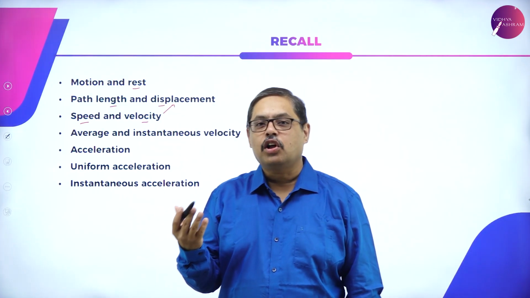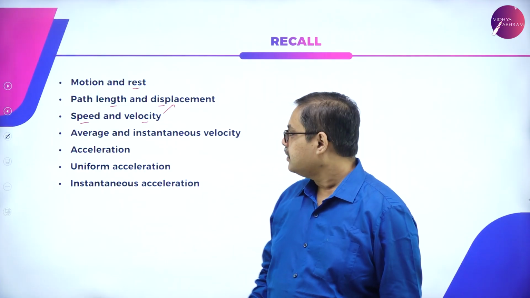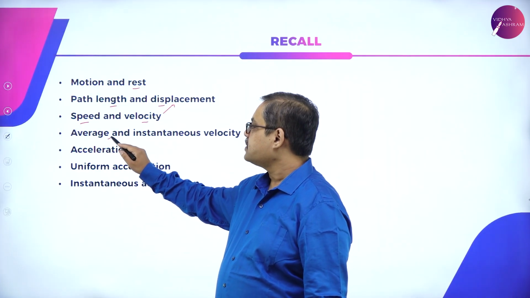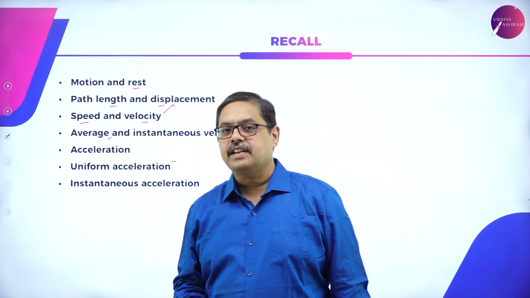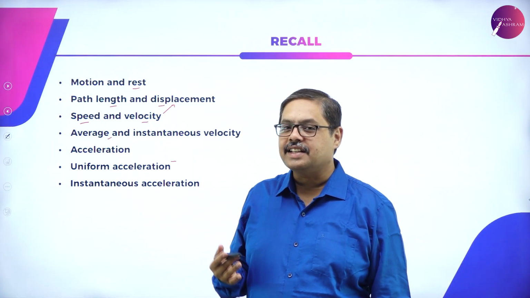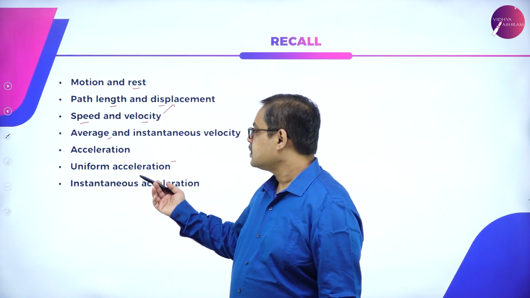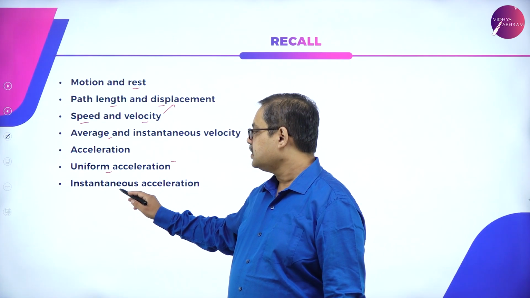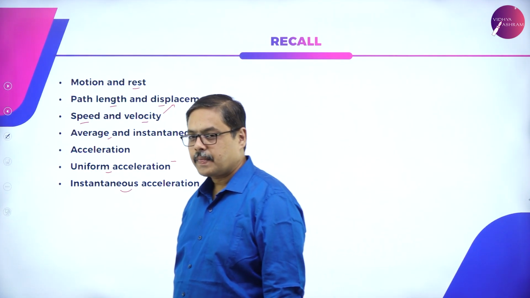Displacement, as you all know by this time, is the shortest distance between 2 points. We understood what was average and instantaneous velocity. We studied the concept of acceleration, where acceleration is the rate of change of velocity with respect to time. We also understood what was uniform acceleration and what was instantaneous acceleration.